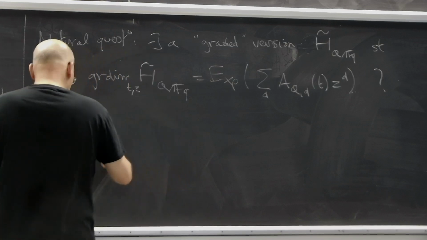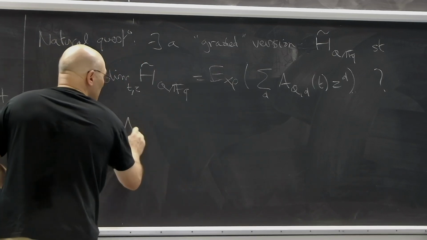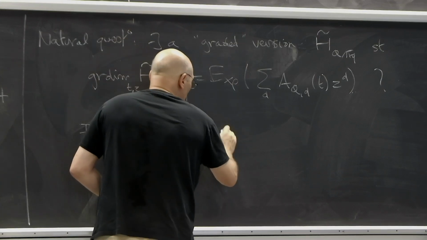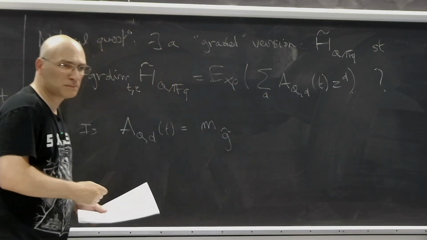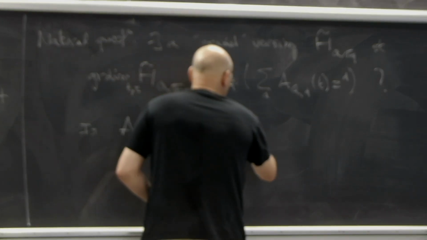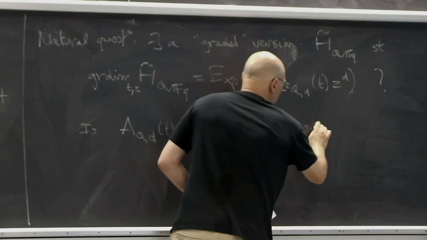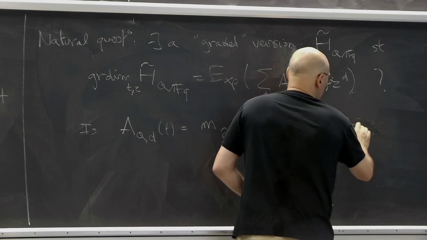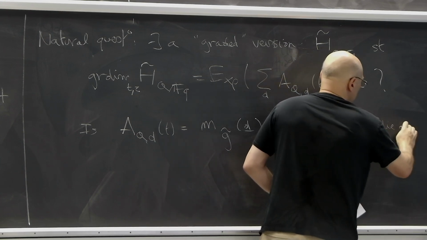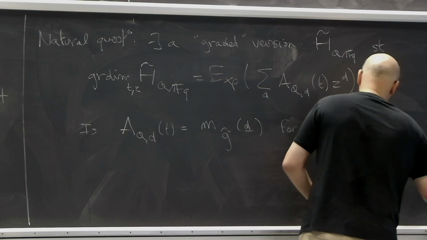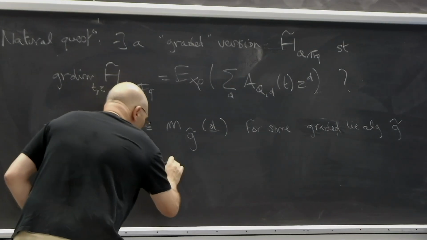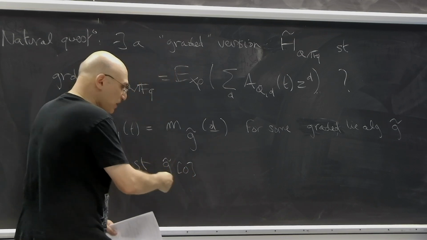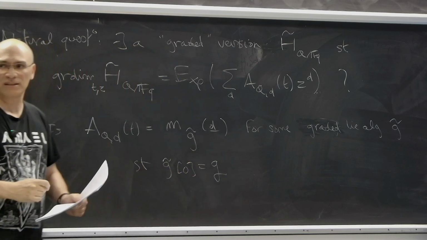And then the second question is: is A_{Q,d}(t) equal to the multiplicity of d in some other algebra, some graded Lie algebra g tilde, such that g tilde in degree 0, this would be the extra grading, would just be our Lie algebra g?